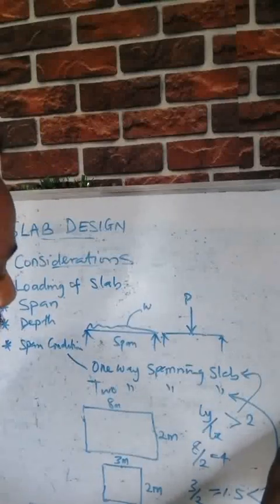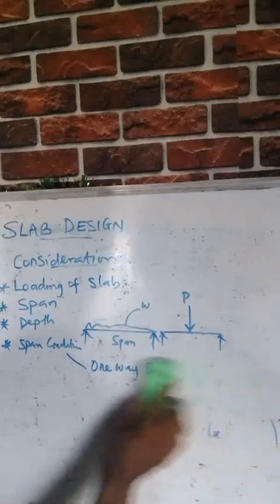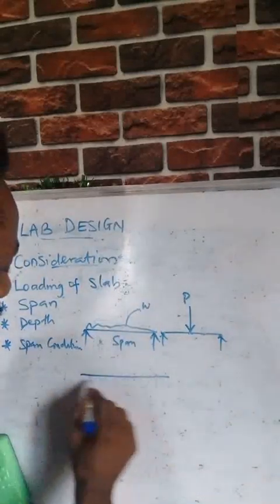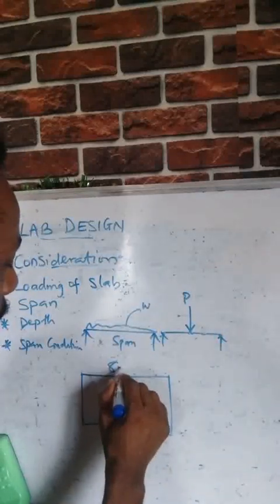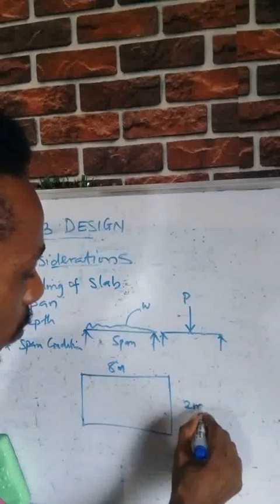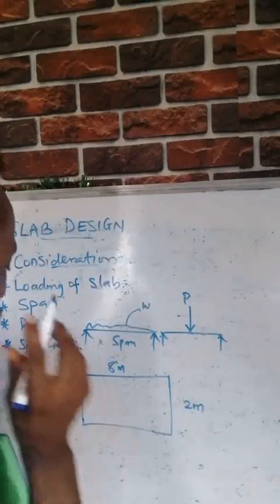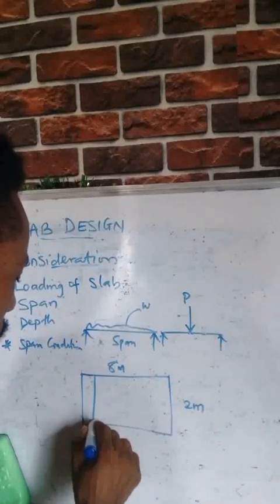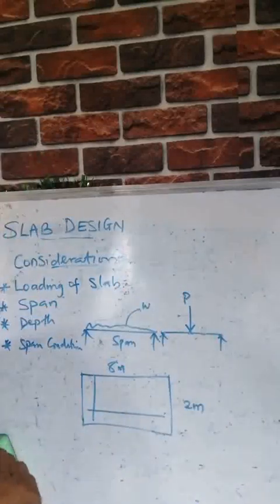Now in a one-way spanning slab, for example, you have it this way: 8 meters and 2 meters. So what it means now is that your main reinforcement should run across this, while your distribution runs across this.